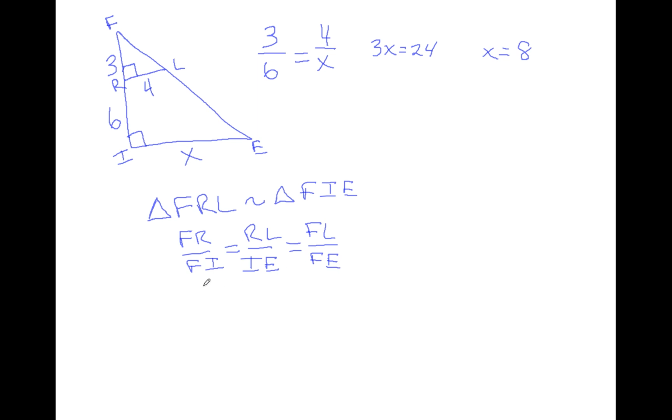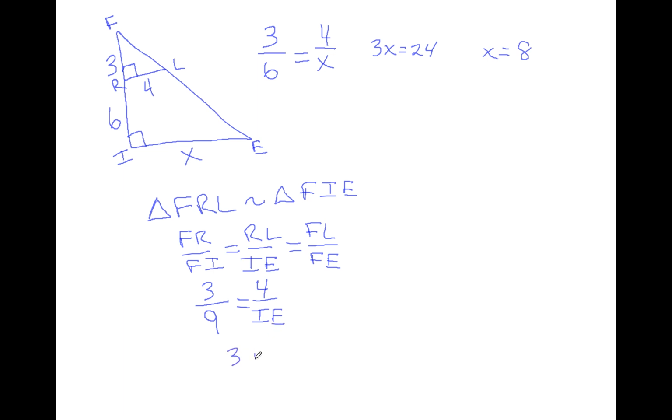Plugging the numbers in, FR is 3. FI, be careful, FI is the whole side, which is going to be 9. RL is the number 4, which is given. IE, we don't know, that's what we're looking for.